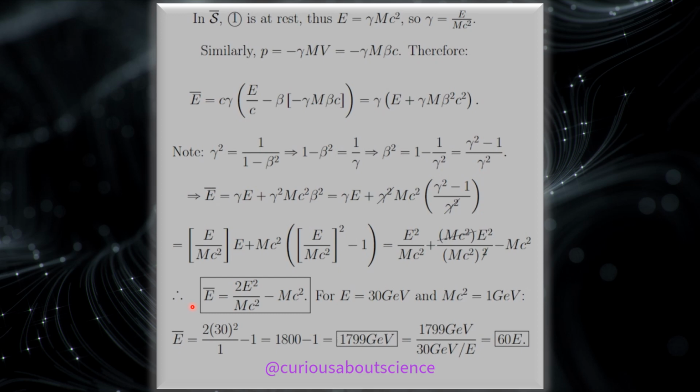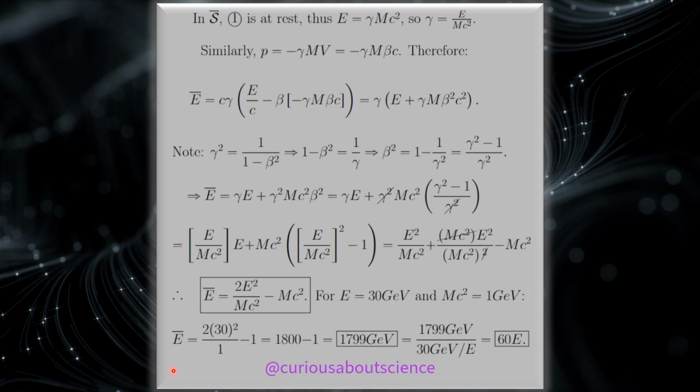Fair warning. That being said, now that we've proven the boxed relationship that we were trying to, let's go ahead and plug it in. If we plug everything in that we need to, M c squared is equal to 1 GeV, so we'll just plug in 1 for that. So we get 2 times 30 squared over 1 minus 1, which is equal to 1799 GeV.